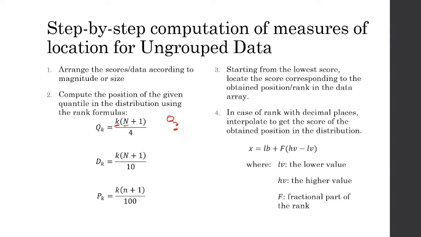By linear interpolation, wala tayong y dito, so medyo madali siya. Our x will be equal to the lower bound value, the lowest value. Then we have our fractional part of the rank, then we have our higher value minus lower value.